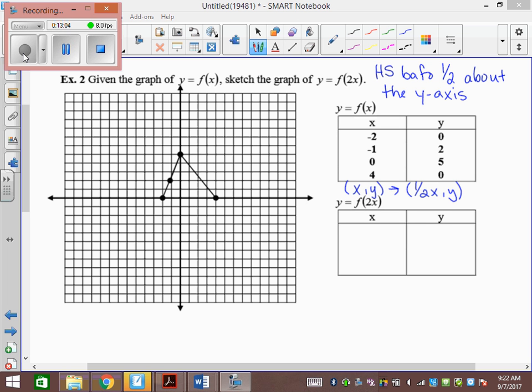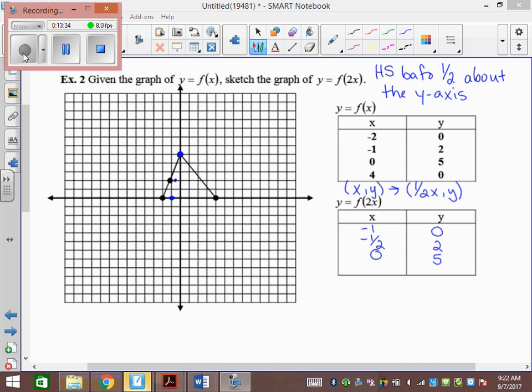-2 is going to become -1 when I multiply it by half, and my y stays the same. So I have (-1, 0). -1 is going to become -1/2, or -0.5, and 2. It's getting narrower, which makes sense, right? 0 stays 0, and 5 stays 5, because 0 times a half is 0.